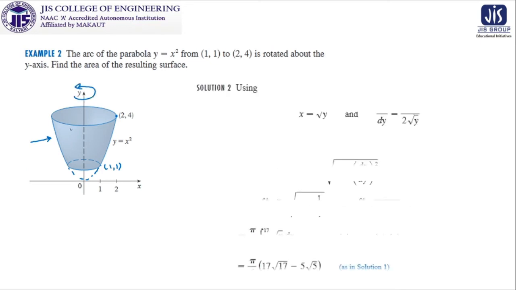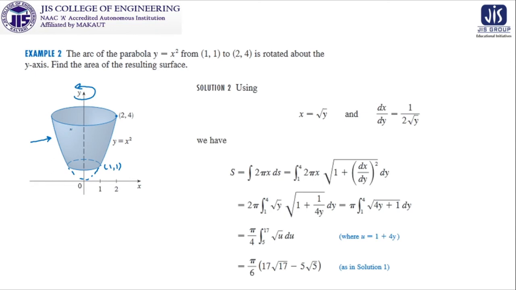Now how to proceed? Our target is to make this expression x is equal to g(y), because it is the rotation with respect to the y axis. So y equal to x square is given, x is equal to root over y, we have taken it. Then this formula requires 2 pi x ds.